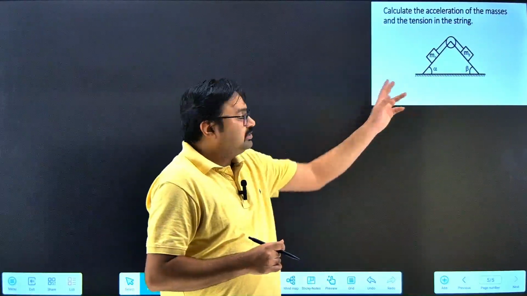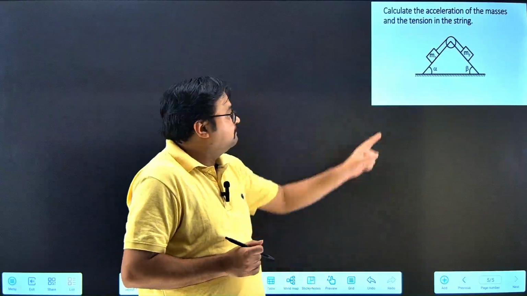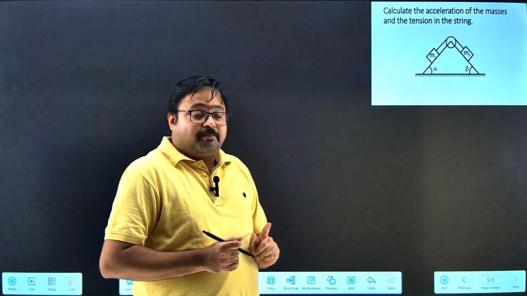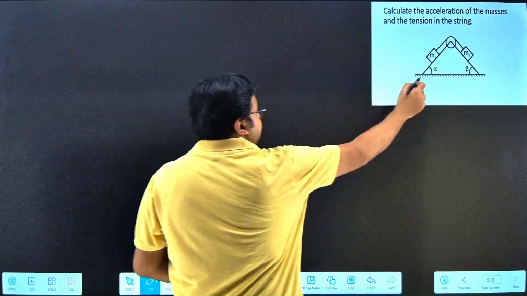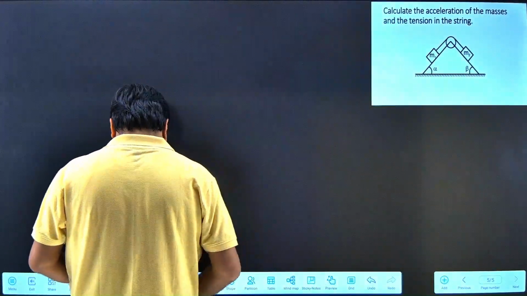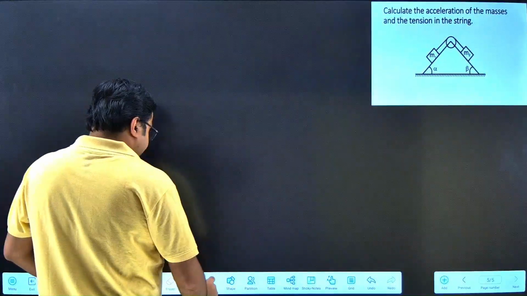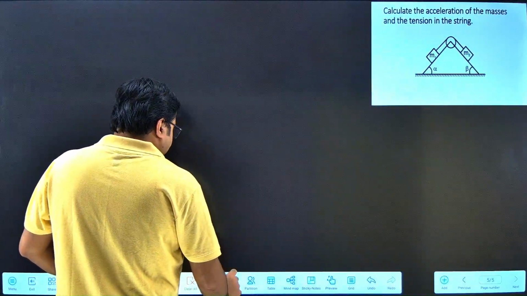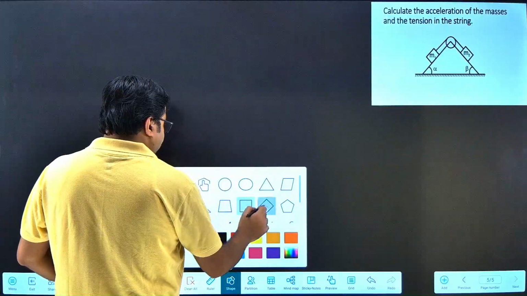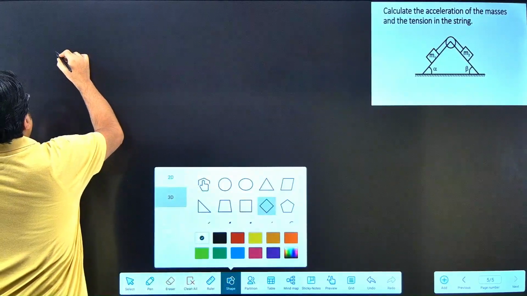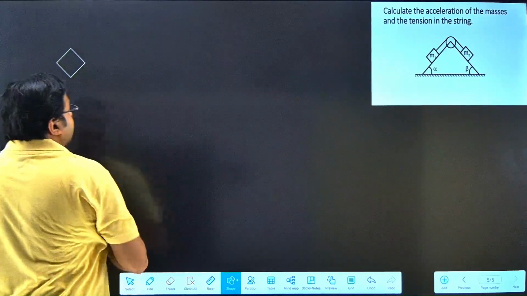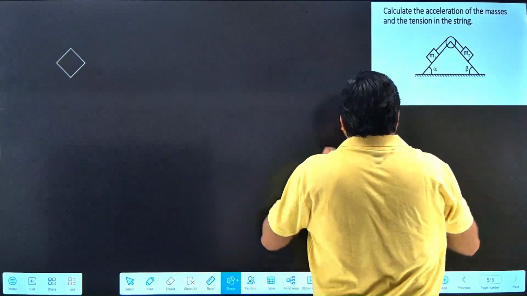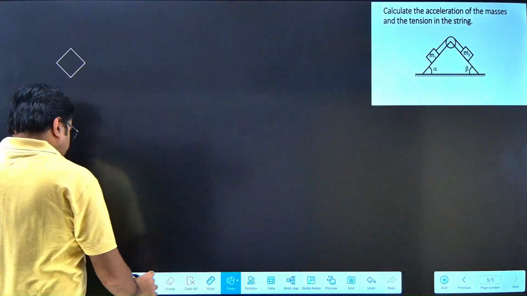So with that promise, let me start with another block. Here I have a block of mass m1 that's sitting on a wedge. So let me draw the whole thing for you. So we have the block, the block of mass m1 is what I'm trying to draw.